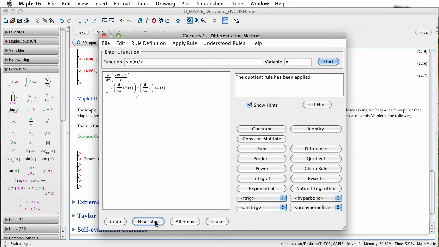Now, if we apply next step, we get that the derivative of x is 1, and then the derivative of sine is cosine. Okay?